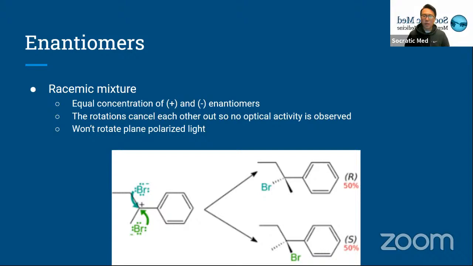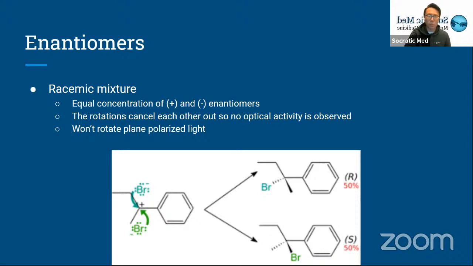Each of these two molecules separately would rotate plane polarized light, but because it's a racemic mixture, there's 50-50 of both molecules, and they cancel each other out. So one will rotate, let's say, 50 degrees clockwise, the other will rotate 50 degrees counterclockwise, and because of that, they cancel each other out and you get no optical activity.